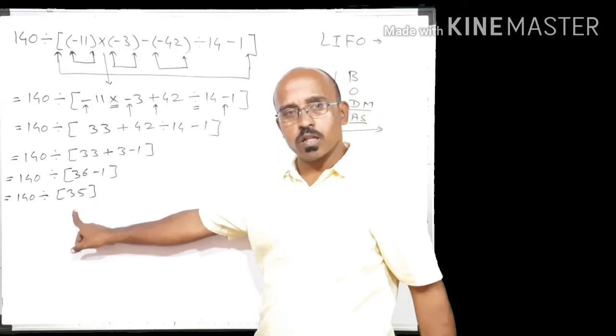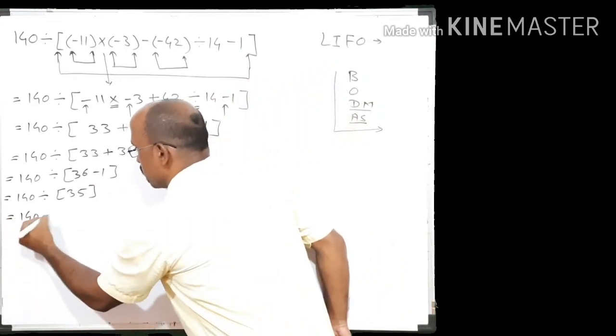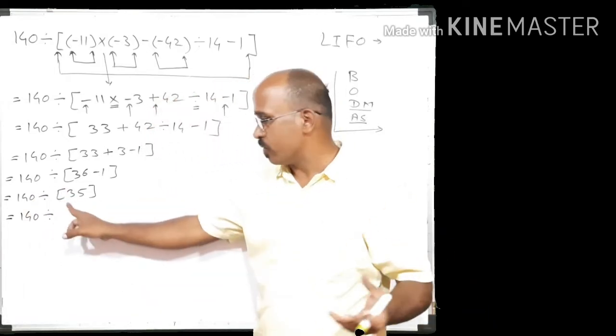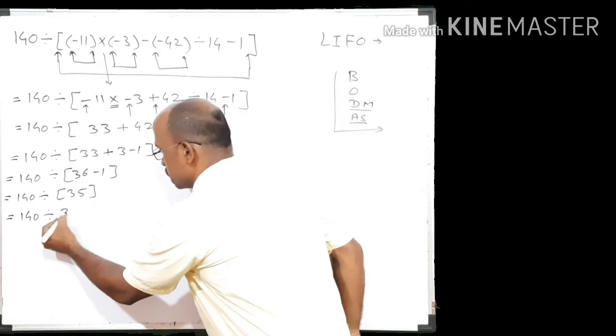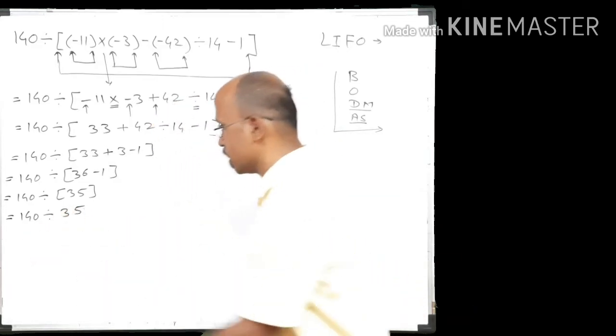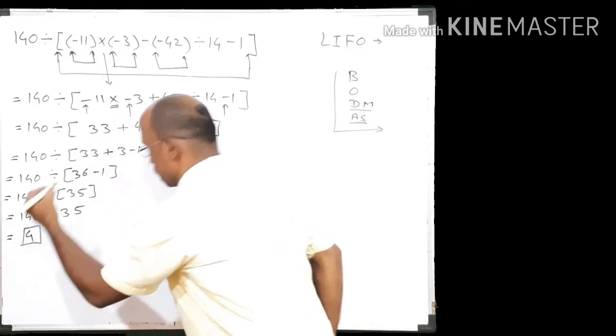Now again there is only one number in the bracket, so we have to remove the bracket. So 140 divided by, symbol out of the bracket is not negative, so we can directly write this 35 without changing the symbol. So the question is 140 divided by 35, which is nothing but 4. So 4 is our final answer.